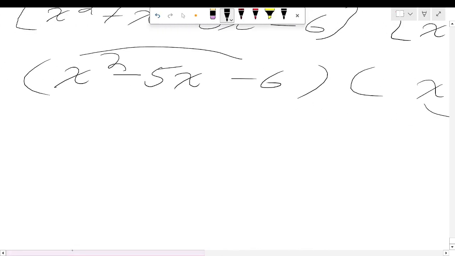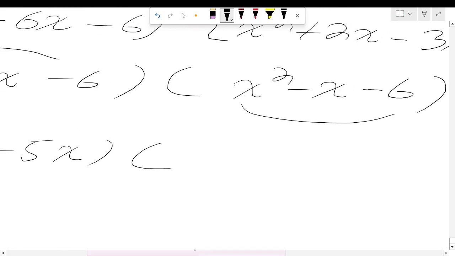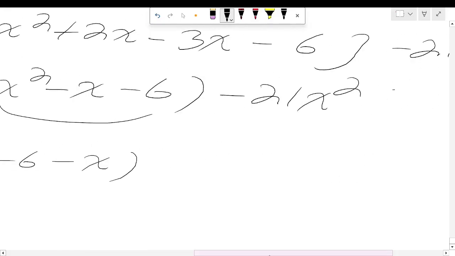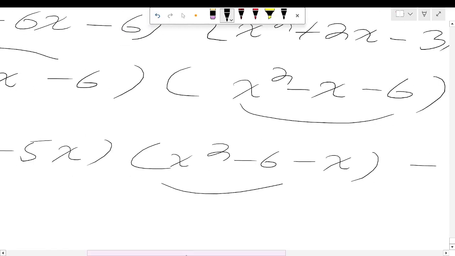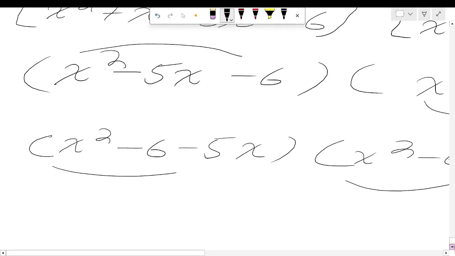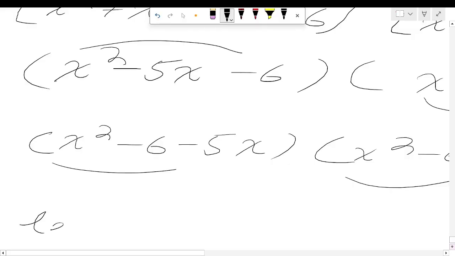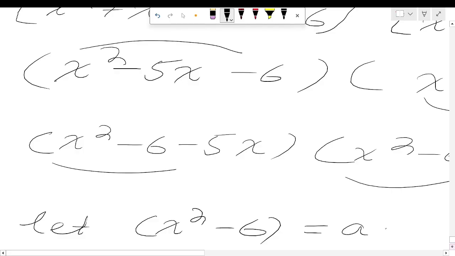But first we need to arrange it. So I can write x squared minus 6 minus 5x. After doing that, I will write x square minus 6 minus x as it is right here too, and minus 21x square. Okay, after writing that, we will choose x square minus 6 as a common value. So I can write let x square minus 6 be equal to a.